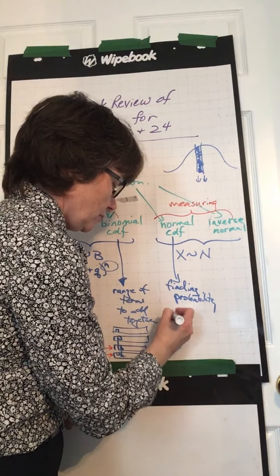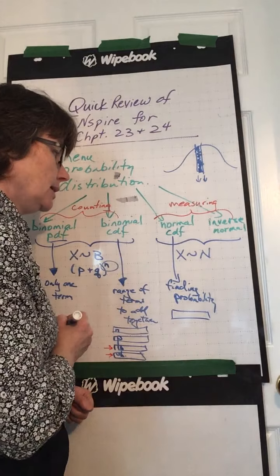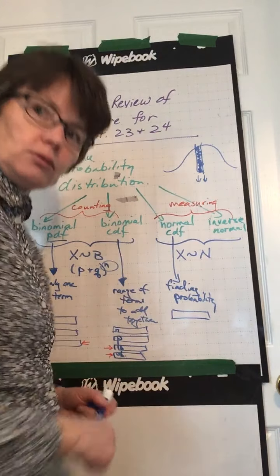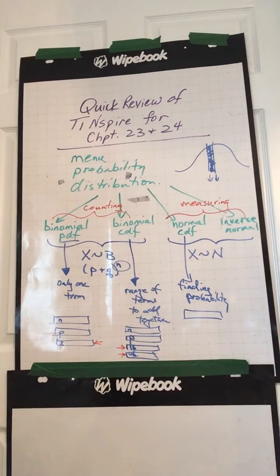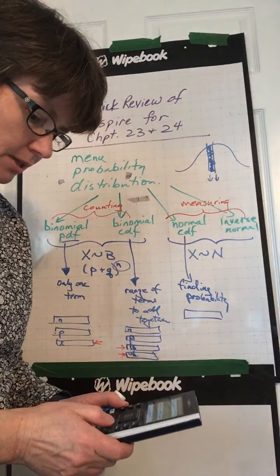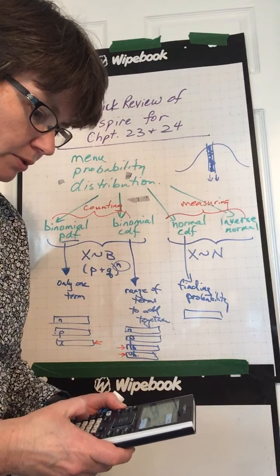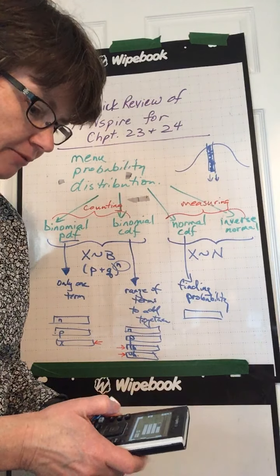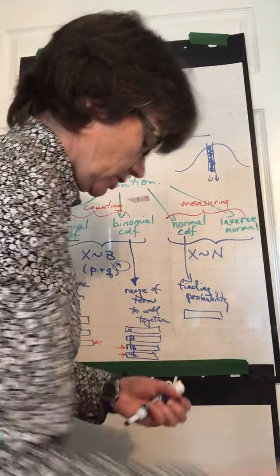What happens when our pop-up screen comes? Menu, probability, distribution, normal CDF. Lower bound and upper bound come first.